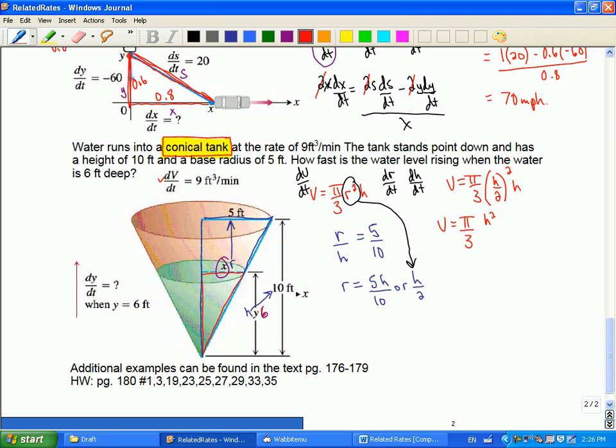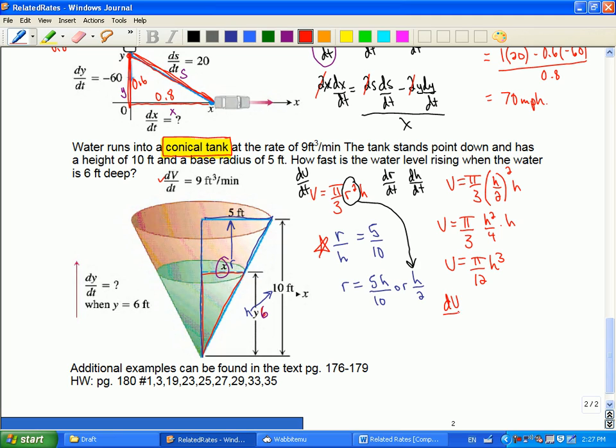So this is going to be h squared over 4 times h. So volume is pi over 12 h cubed. So the cone problem is nice because that investment of using that relationship has greatly simplified the rest of the work we're going to have to do.